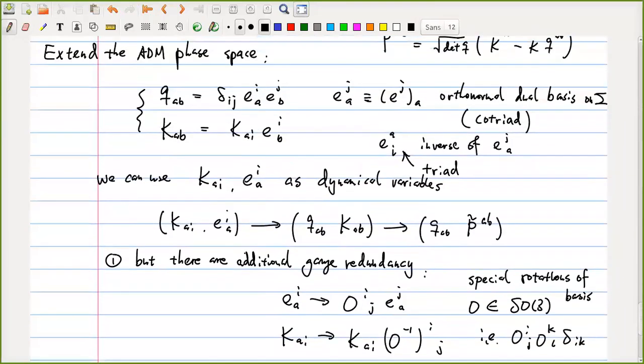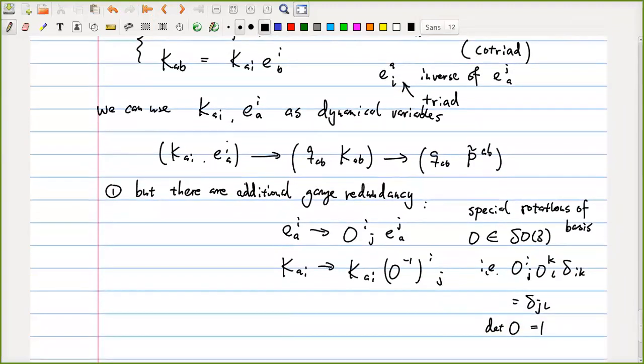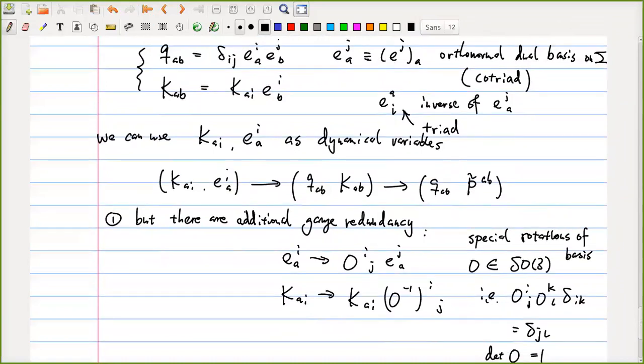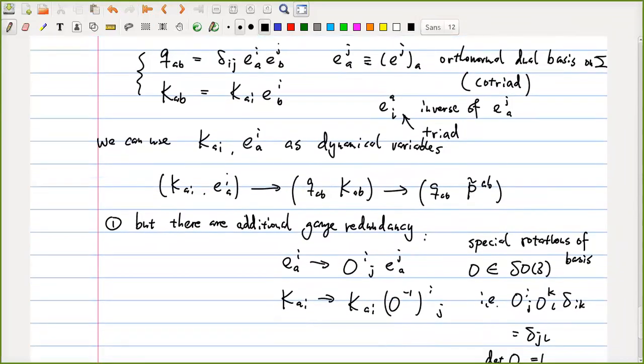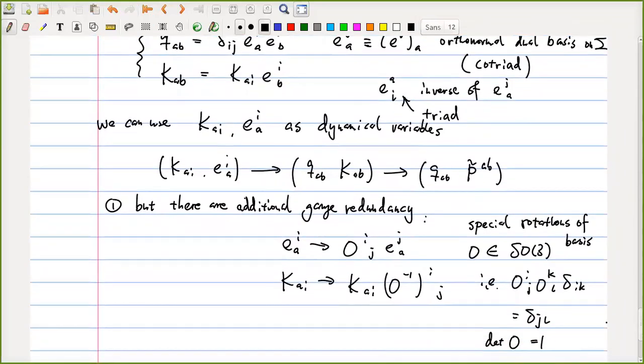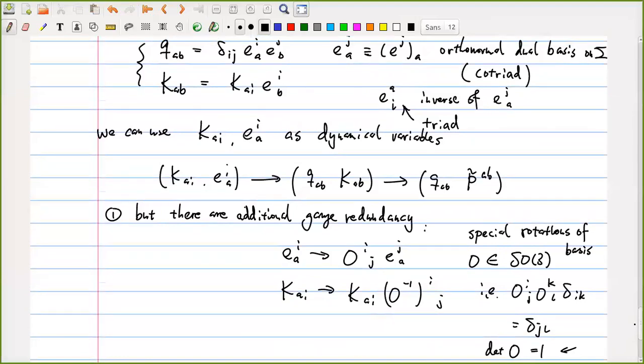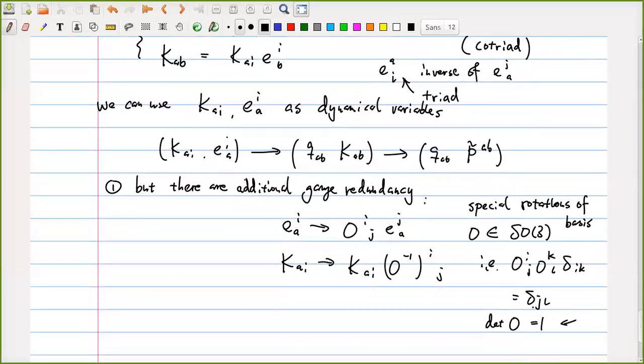Actually, I don't really need to make this fix. It can be just O(3), not SO(3). But to be more specific, because it will be useful later on, let's fix from the beginning that the determinant of O equals 1.